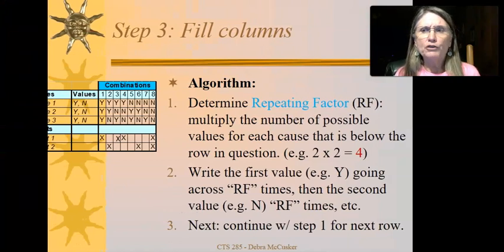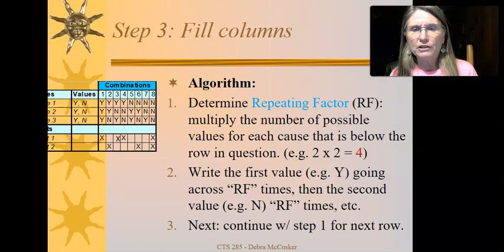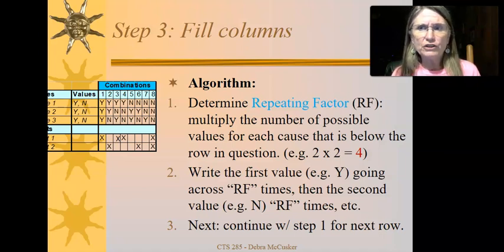So how do we fill out these columns? Well, the first thing that it's recommended that you do is determine this entity called the repeating factor, or RF.